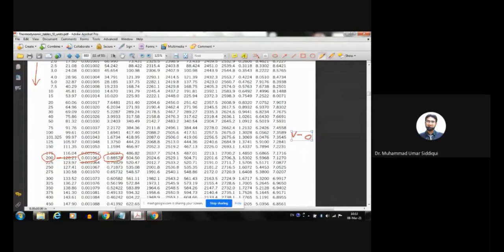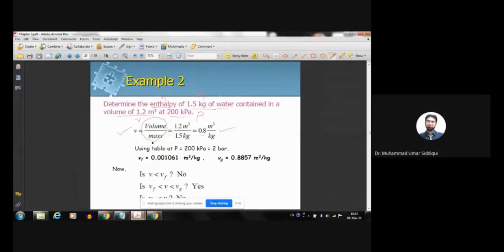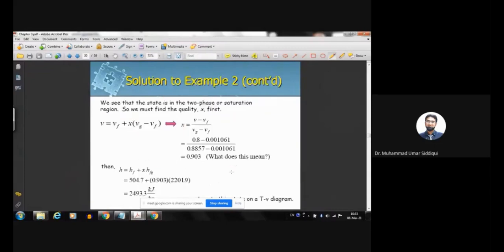Since we are in the saturation region, now we need to find what is the enthalpy. Since we compared our value of V with VF and VG, and it is in between VF and VG, we know that we are in the saturation region. Now for finding the enthalpy in the saturation region, the formula is H equals HF plus X HFG.